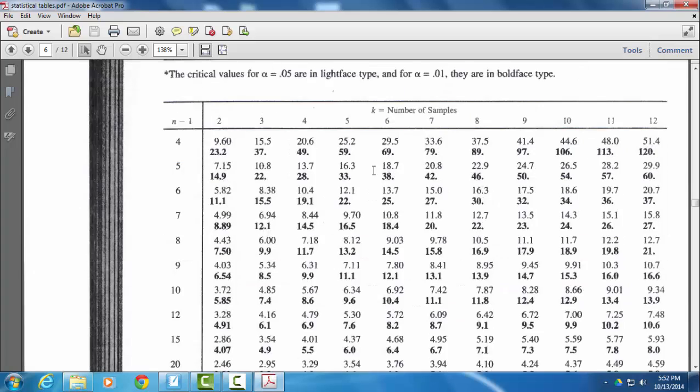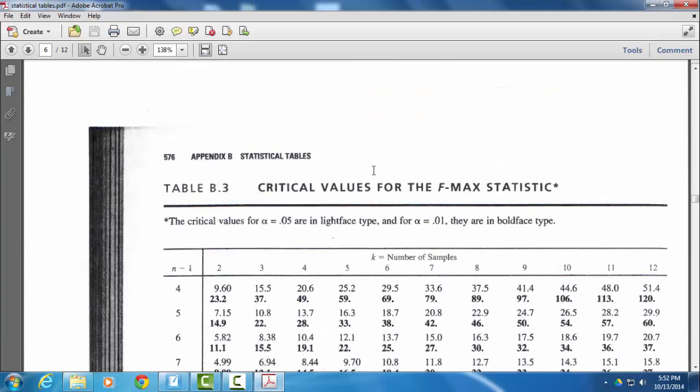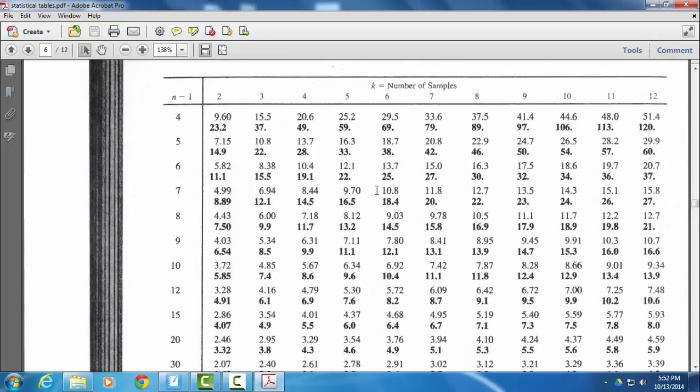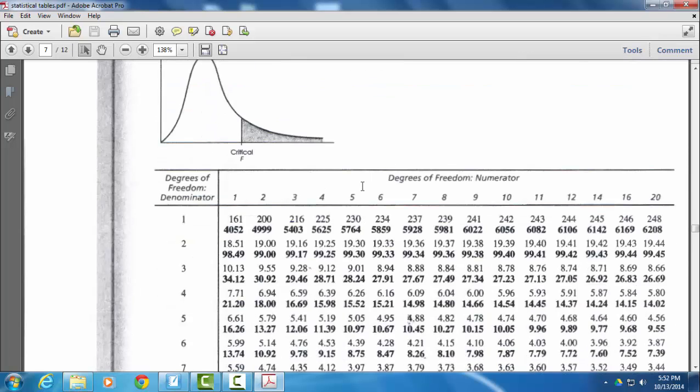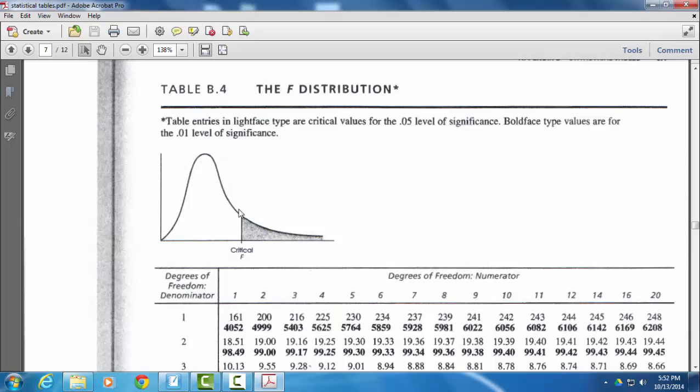Now don't look at F max. Don't even worry about that. That's to figure out if you have homogeneity of variance for the t-test for independent samples. We want just the plain old F distribution. So you'll see that positively skewed distribution, right? Under the null, most F values are 1, meaning there's no difference due to the independent variable.